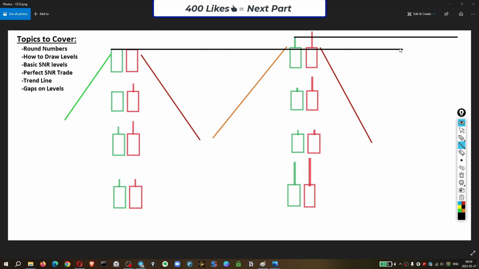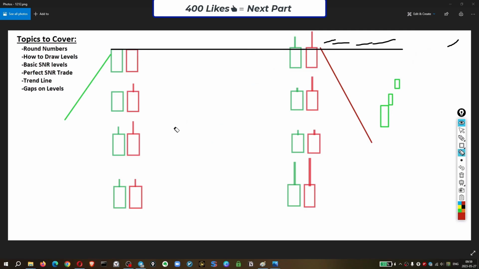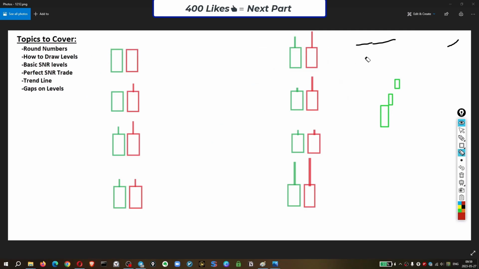So this is going to be your level as the next seller's entry. When we have green candles coming up and closing on this level, we go with the sellers for the next candle, okay? This is how, and I will show how to draw the levels when we have different kinds of shadows.